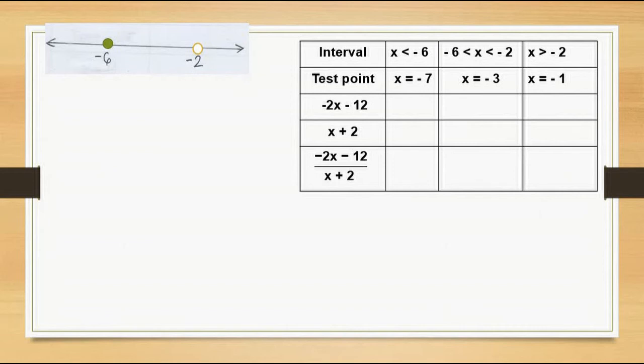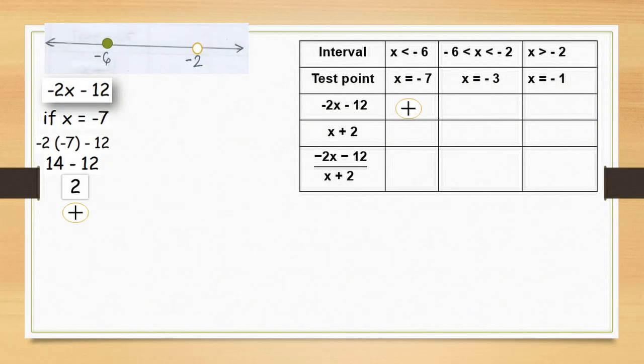Now, on negative 2x minus 12, if x is equal to negative 7, negative 2 times negative 7 minus 12 becomes 14 minus 12, which is 2. So 2 is a positive number, so you put a positive sign there.